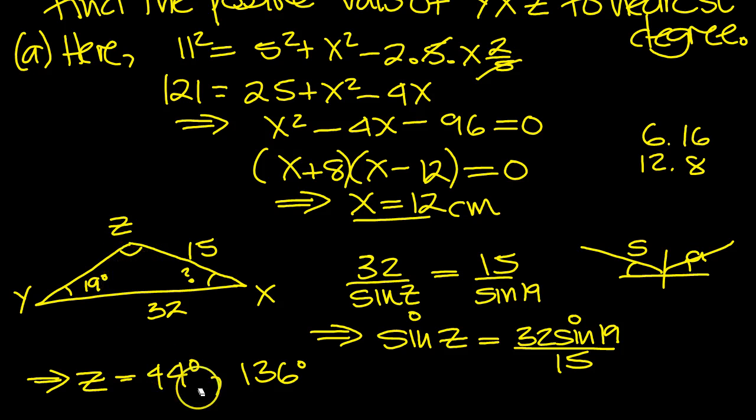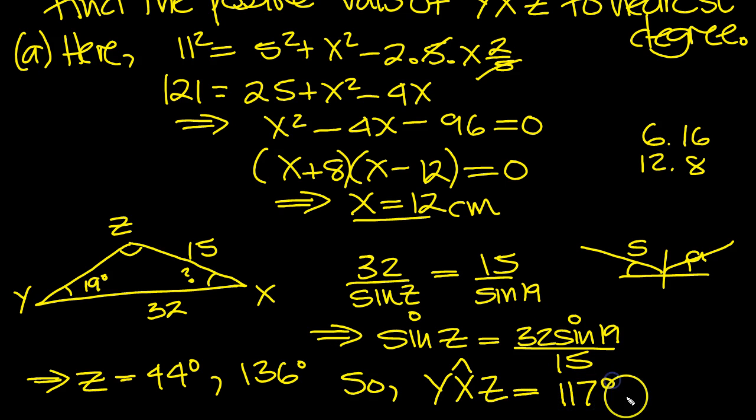Okay, so that's Z. So in that case then, we can read off the angle YXZ. 44 and 19 is 63, so that would be 117 degrees, won't it? 180 minus 63.